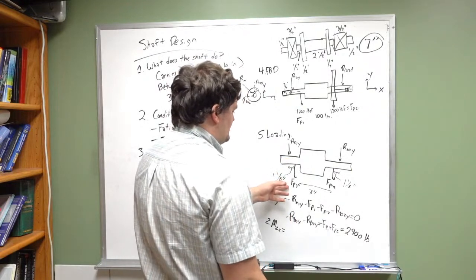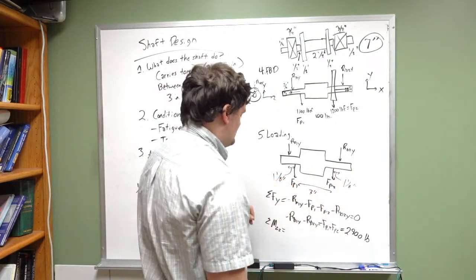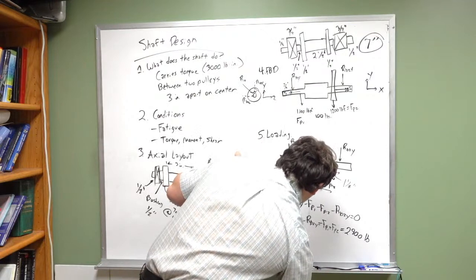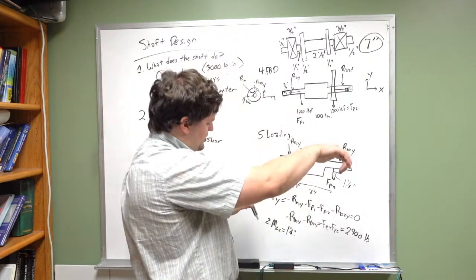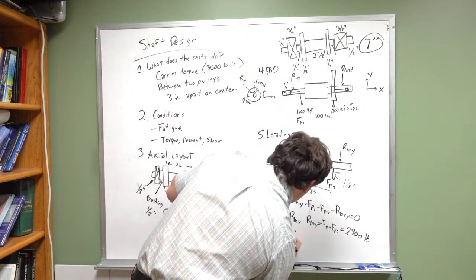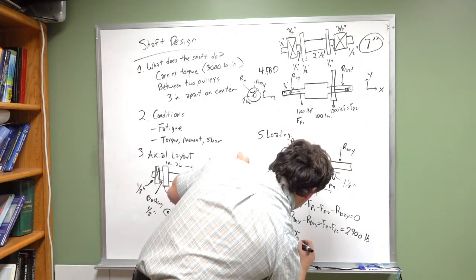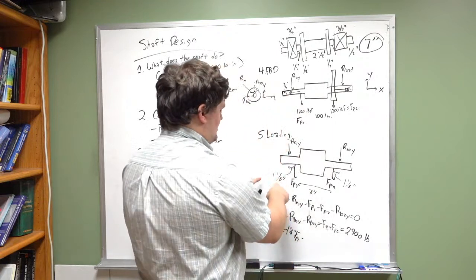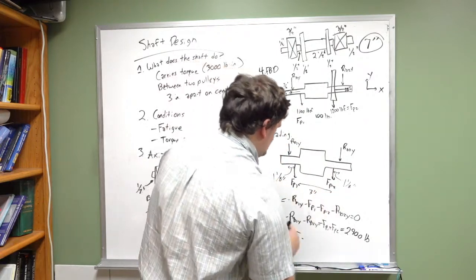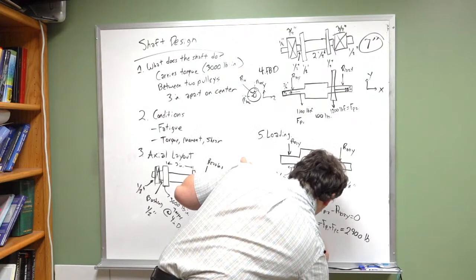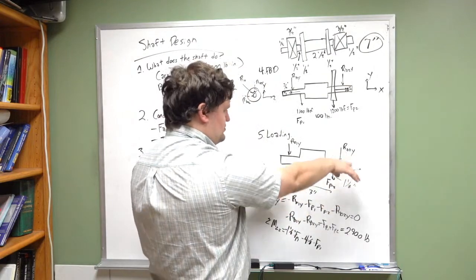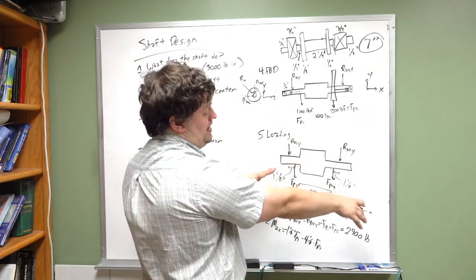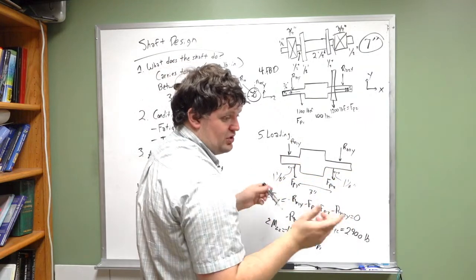So we got our 1 1/8 inch, 3 inches, 1 1/8 inch. So we've got 1 1/8 inch times FP1, that's a negative moment, minus 4 1/8 inch times FP2, and then we got 4 1/8 inch plus 1 1/8 inch times RB2Y, and the way that we have it drawn right now, it's a negative moment.